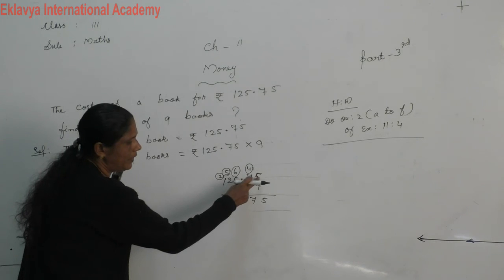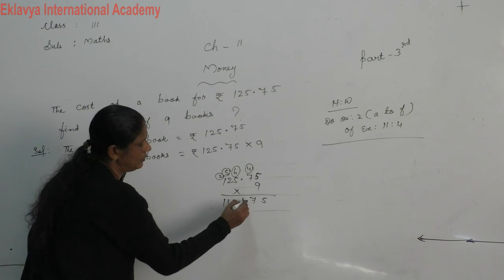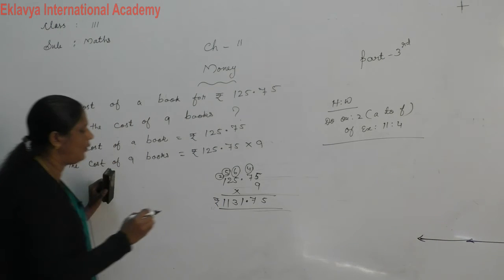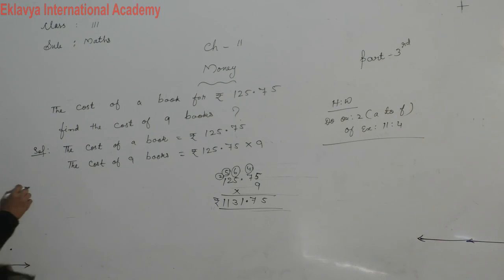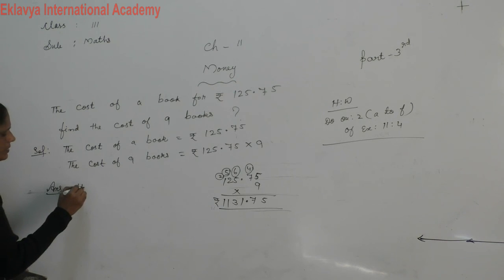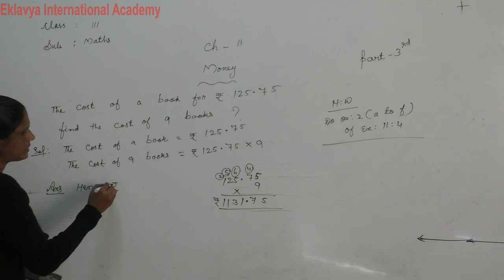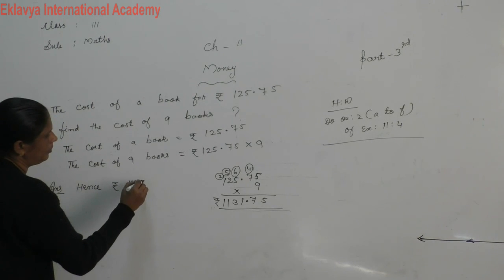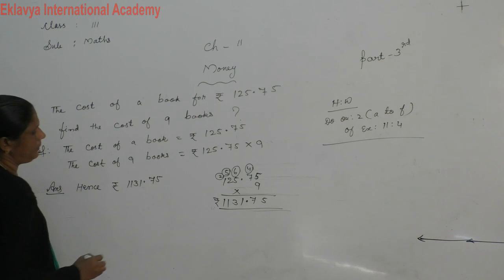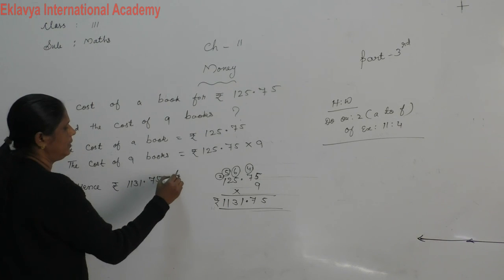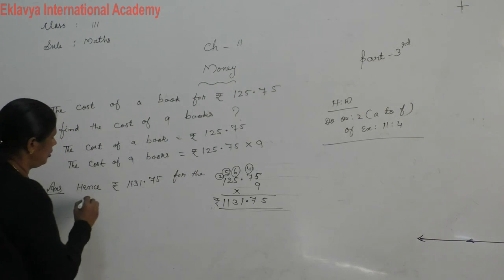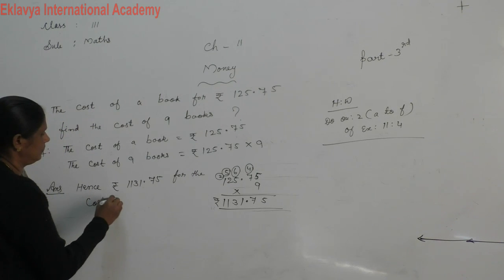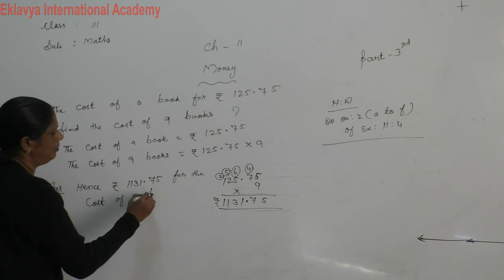How many digits? 2. Then our answer, hence rupees 1131 and 75 paise is the cost of 9 books.